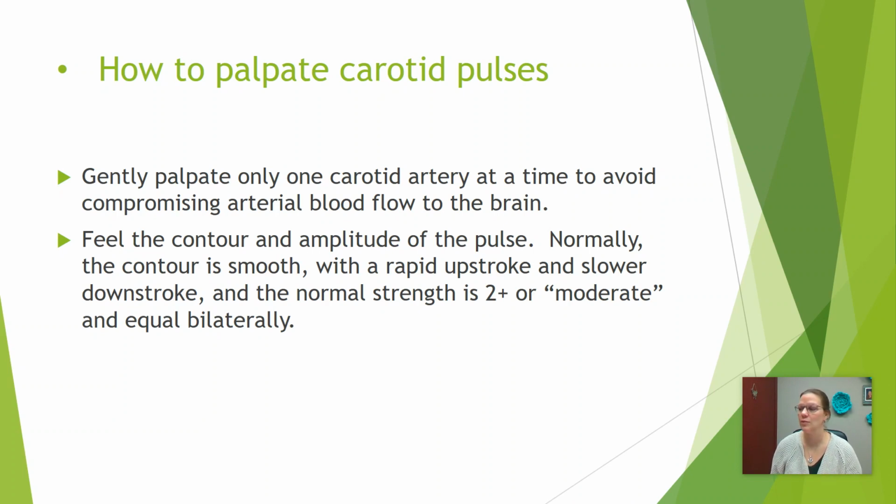It would indicate there's some sort of pathology there. A weak or thready pulse would be difficult to palpate, and you would really need to search for it. It might take you a minute to find it, and then it might fade in or out, and it would be easily obliterated by pressure, meaning you could push hard enough on a weak or thready pulse that it might disappear completely. So that takes figuring out exactly how much pressure to apply for each pulse that you palpate.